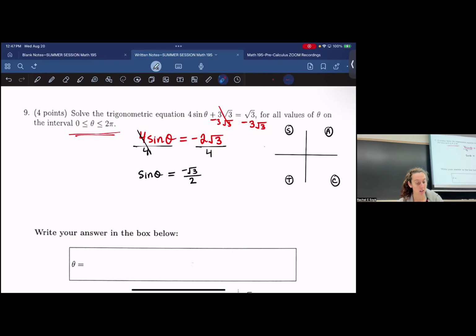Because 2 over 4 is the same as 1/2, we can rewrite this as negative 1/2 square root of 3, which is the same as negative square root of 3 over 2.